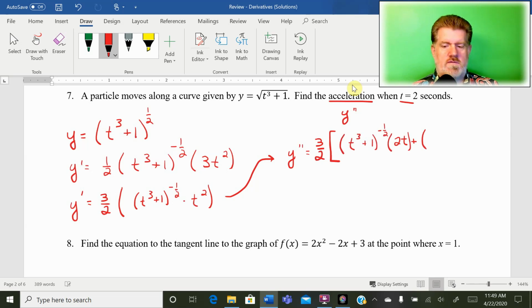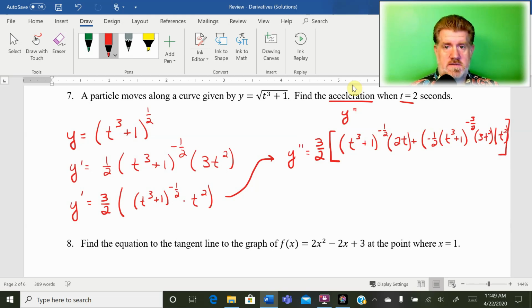So we're going to pull the 1/2 out. The t cubed plus 1 stays there. We're going to subtract that by 1. So negative 1/2 minus 1 is negative 3/2 times the derivative of what's inside, which is 3t squared. I'm writing small now so I can fit this in. Times the second function, which is t squared. And we squeezed it in.